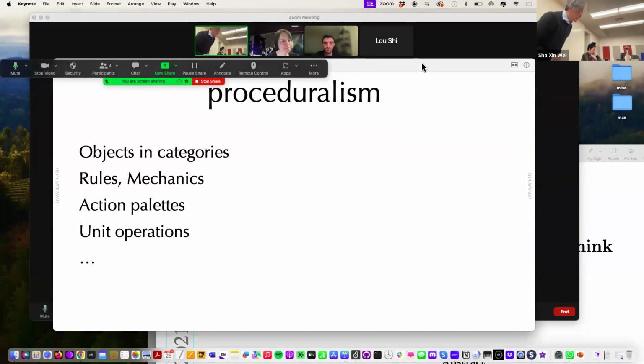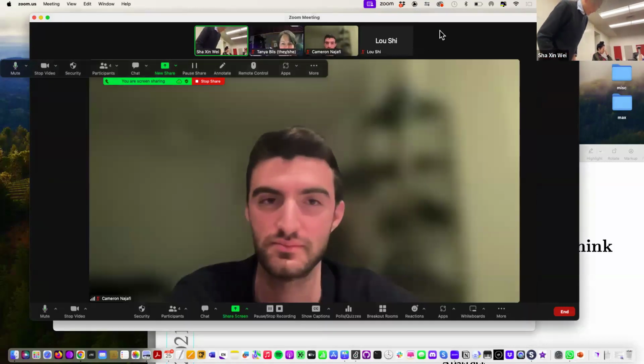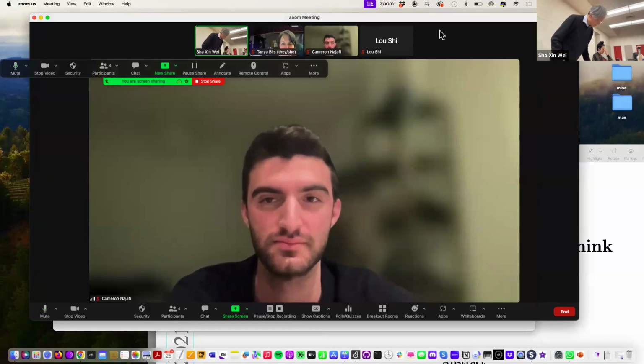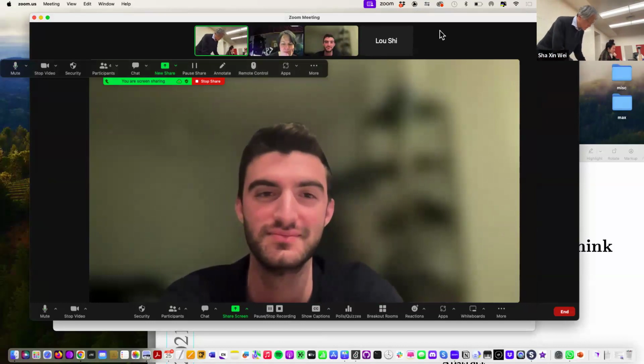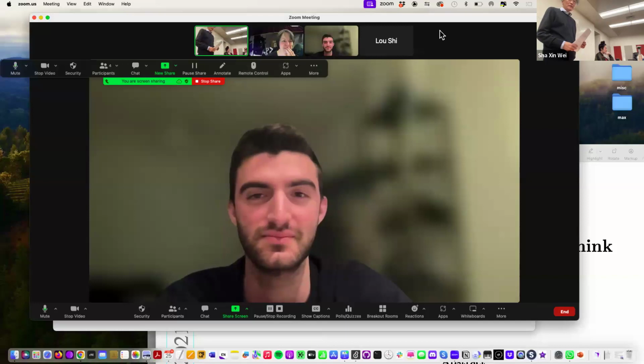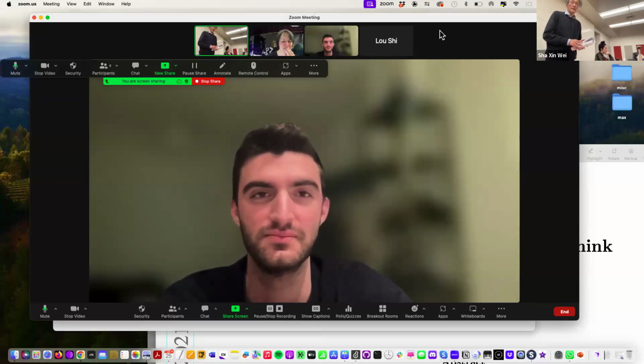Proceduralism. Okay, so what does this C card mean by proceduralism? First of all, just starting out, we can take a look. I think the majority here have written code, right?